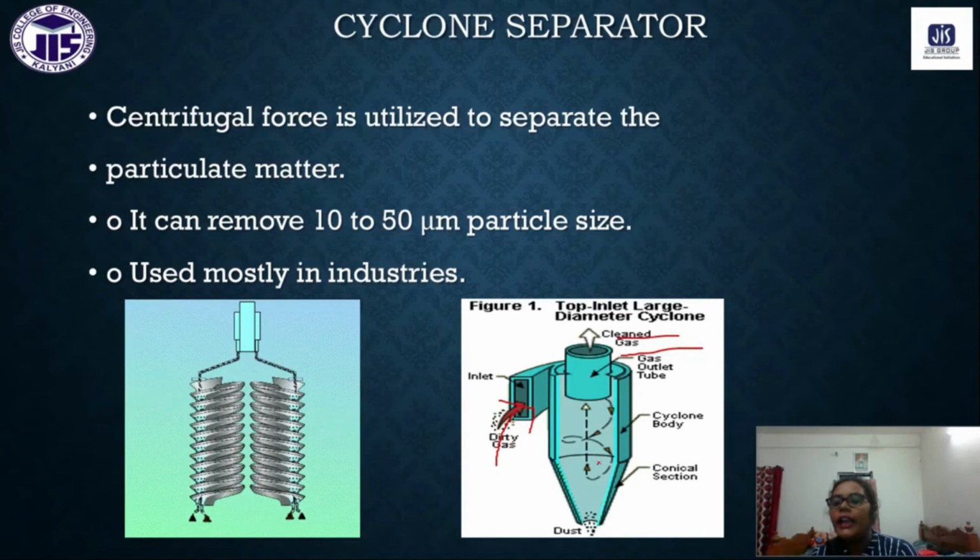This cyclone separator has a conical section, so that while the dirty gas enters the chamber, it has the spiral movement. By that movement, by the centrifugal force, the dust particles or large particles can settle down well. That is why it is conical shape.